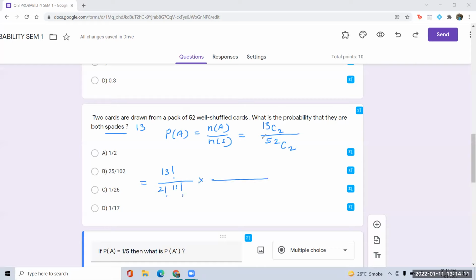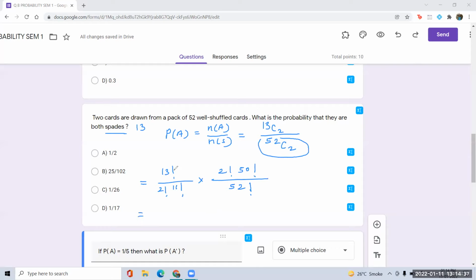Now this denominator, I'm going to take its reciprocal and multiply. So 52C2, I have 52 factorial upon 2 factorial into 50 factorial. So I take a reciprocal, so I get 52 factorial in the denominator and 2 factorial and 52 minus 2, that is 50 factorial in the numerator.